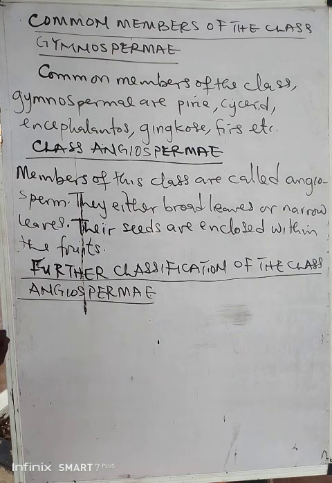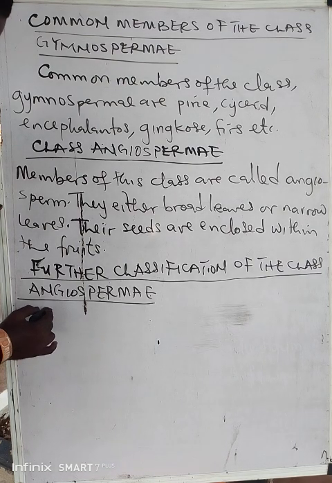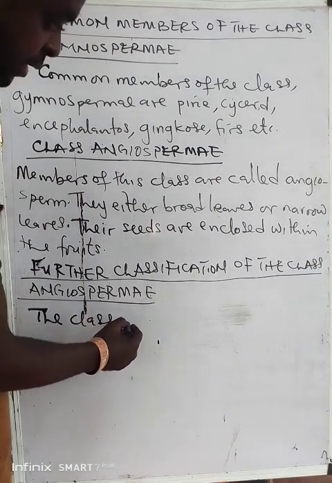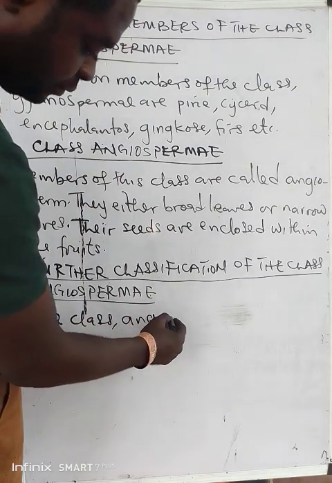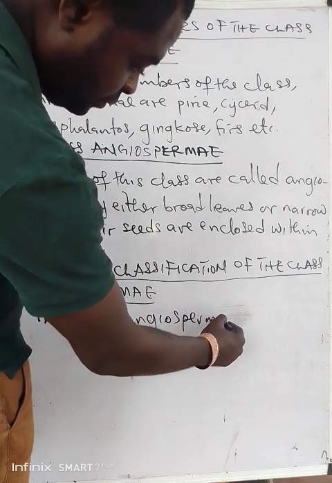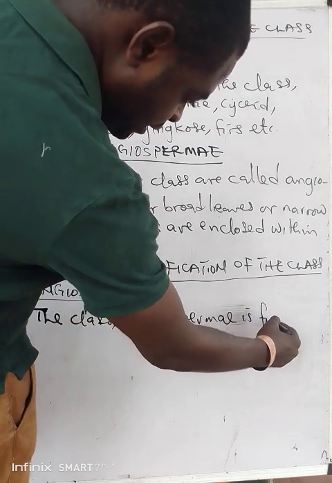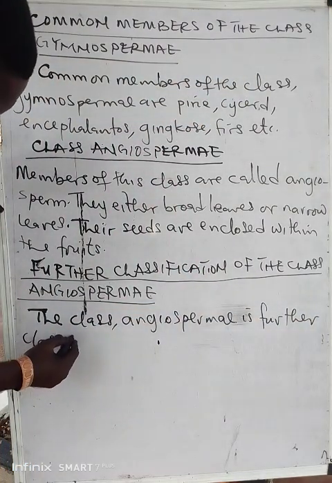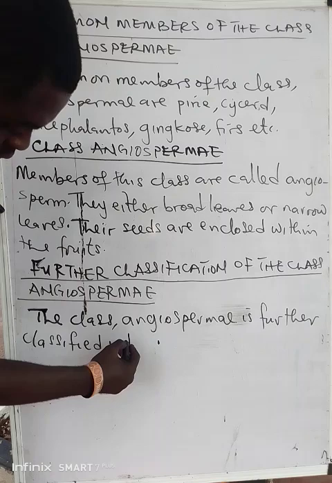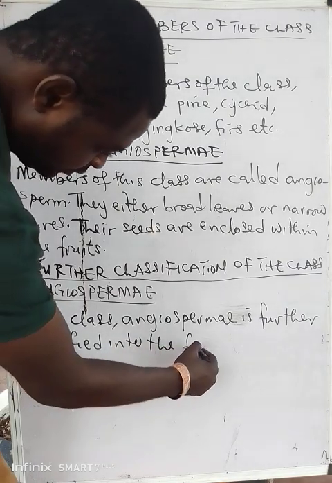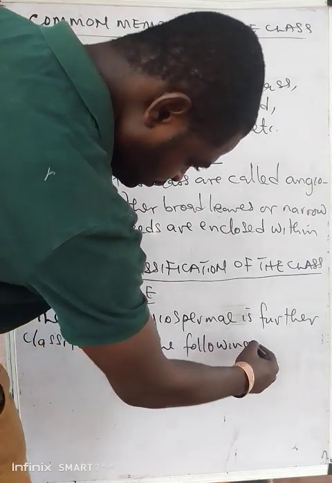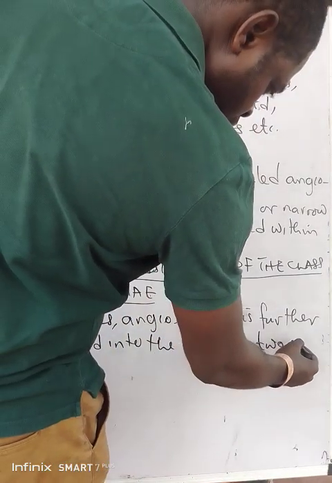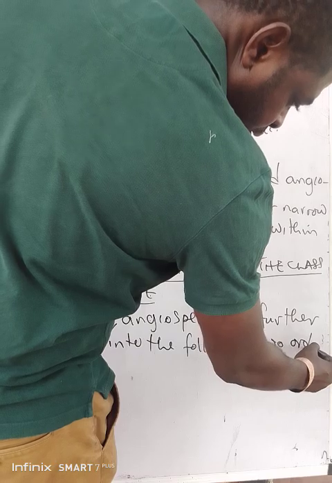So the class Angiospermae is further classified into the following two orders.